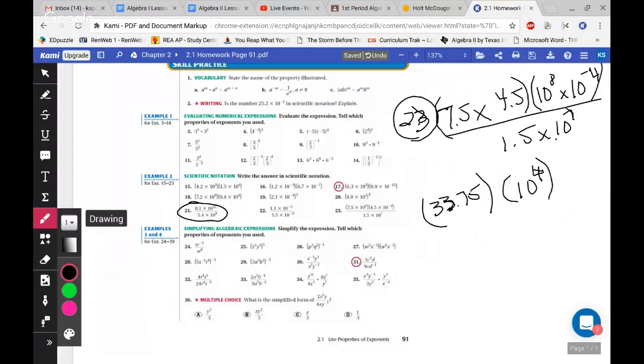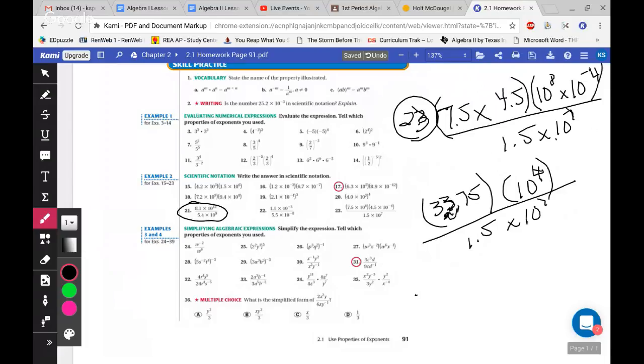And then I noticed that this 33.75 is not in scientific notation. So in order to get it in scientific notation, I have to move my decimal. Let me write my denominator again.